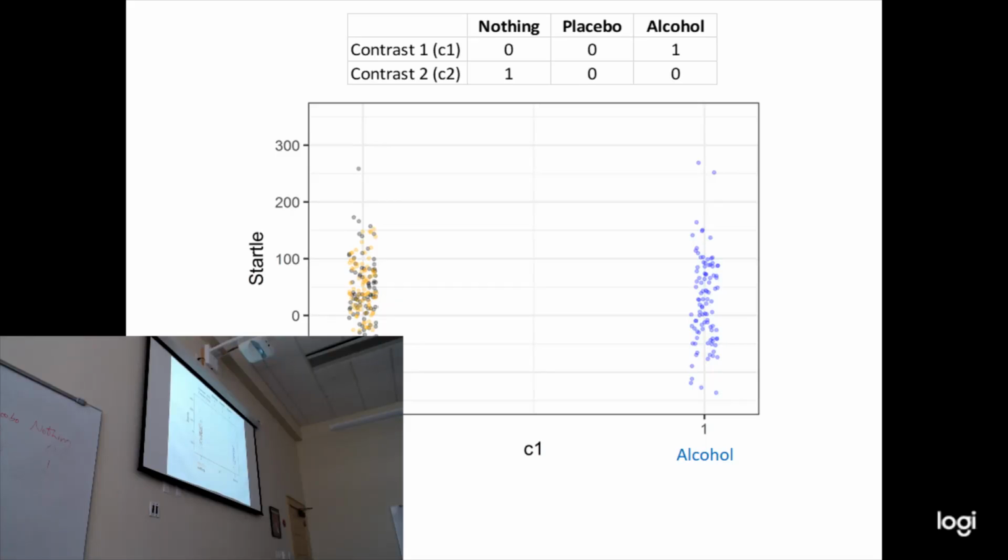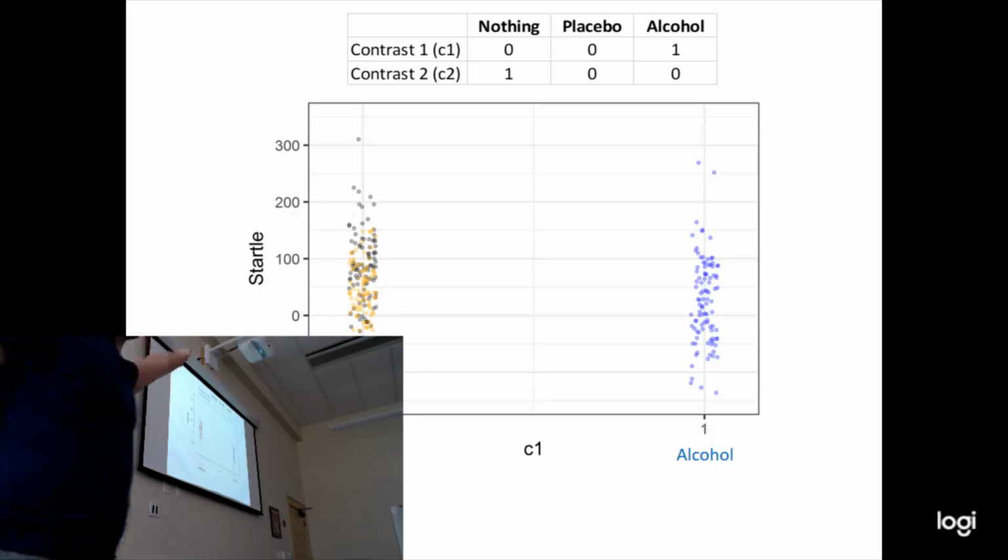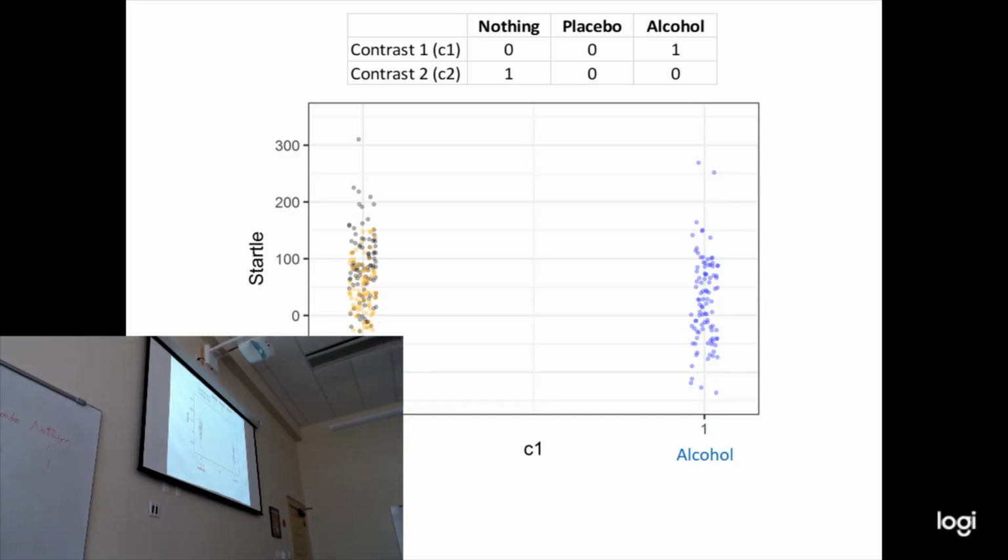What ends up happening is that the points in black, the nothing points, the category that's coded 0 but is not the reference group, all get adjusted down. And in fact, the new mean of those points will be the same as the mean of the points for the placebo group.